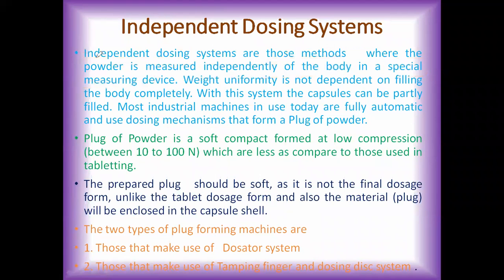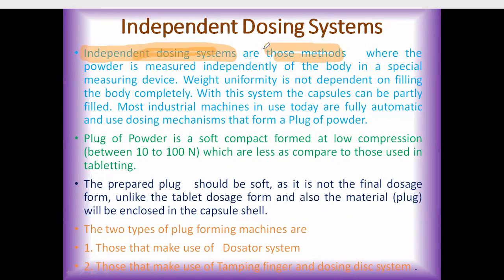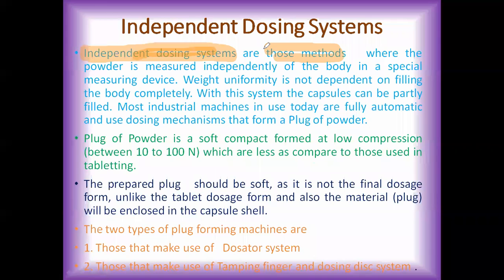Now whatever the dosing systems from the category of independent dosing systems, whatever the method which you are going to use, these methods are using a principle where the powder is measured independently of the body in a special measuring device.